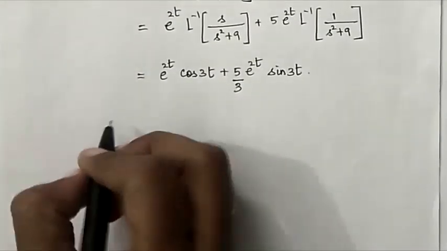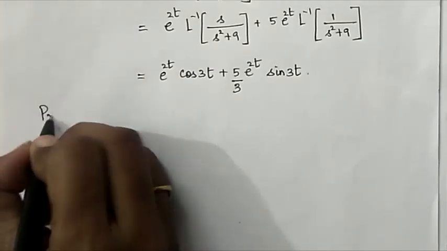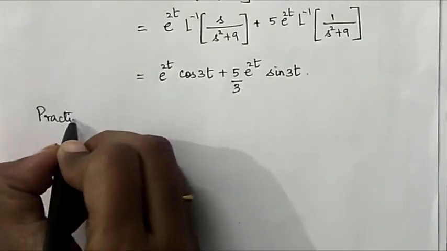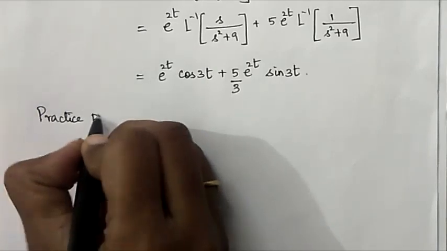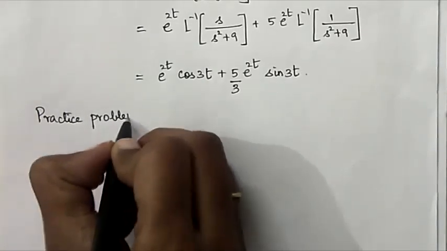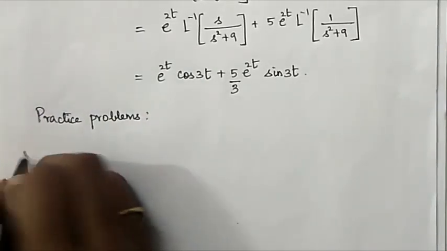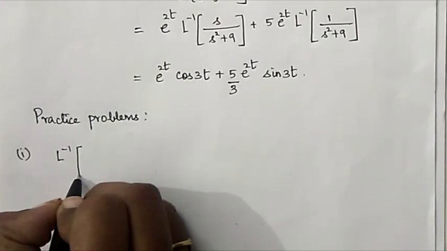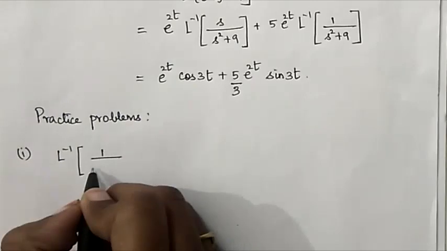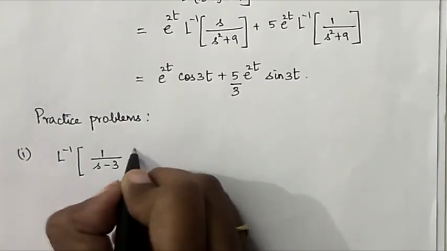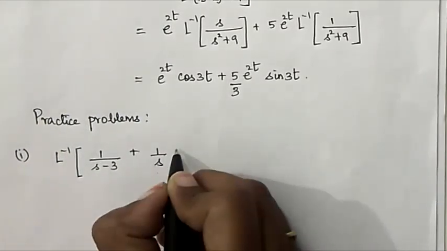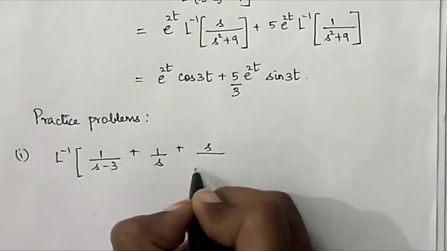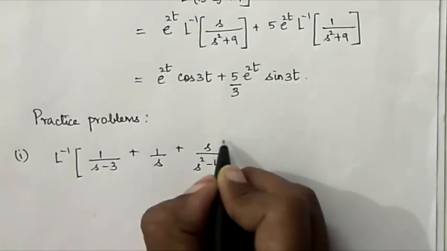Now as practice problems, I will give you a few. You can work on them on your own. So practice problems. First one, finding L inverse of 1 by s minus 3 plus 1 by s plus s by s squared minus 4.